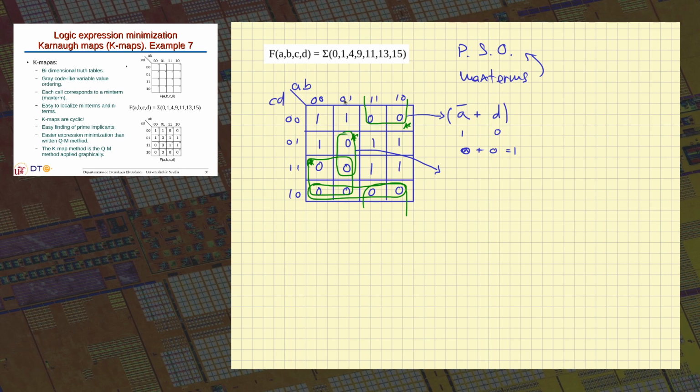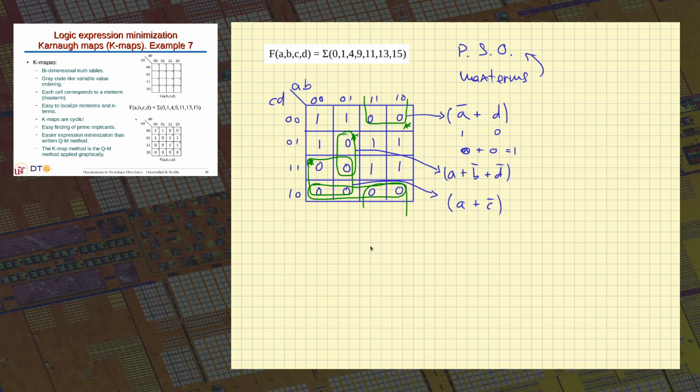This is the one that is 0 when A is 0. When B is 1, so B will be complemented. When C is whatever value, so it will not appear, and when D is 1, so it will also be complemented. Okay. And now the last one, this implicant here, will be 0 when A is 0 and when C is 1, and the other variables will not appear.